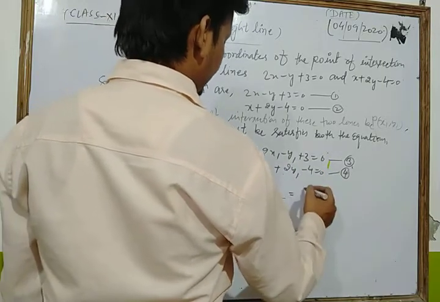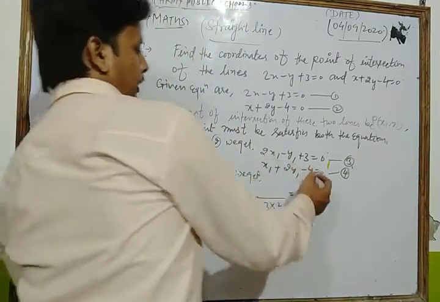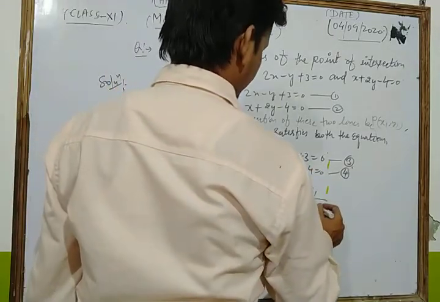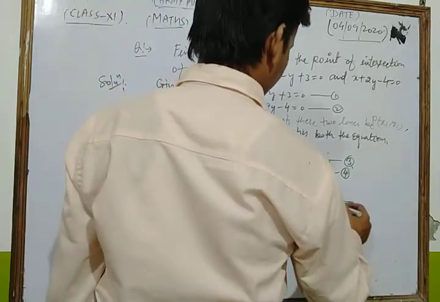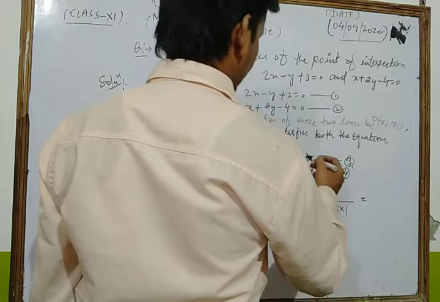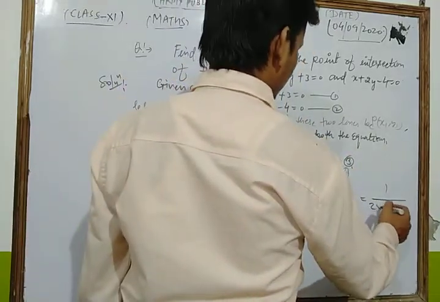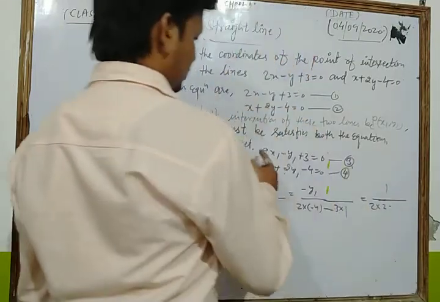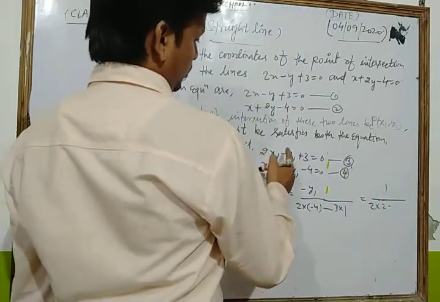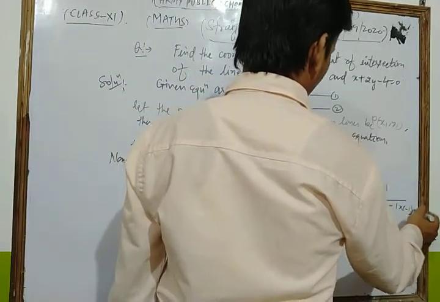Similarly, for minus y1 we get 2 into minus 4 minus 3 into 1. Now if we take 1 for the constant term, then we get 2 into 2 minus 1 into minus 1.